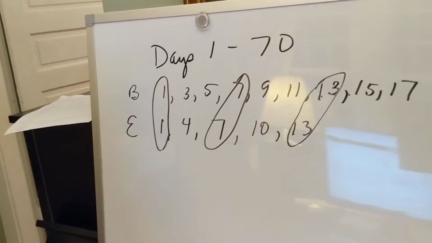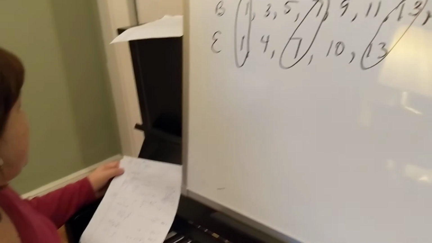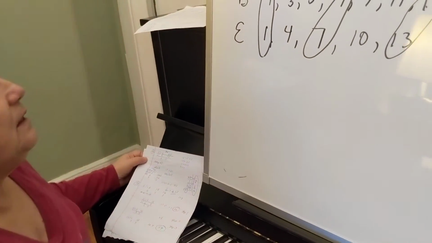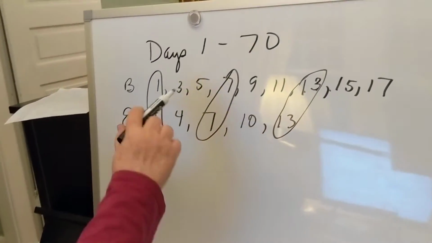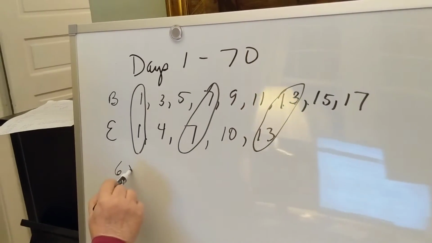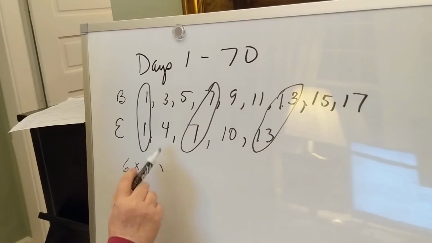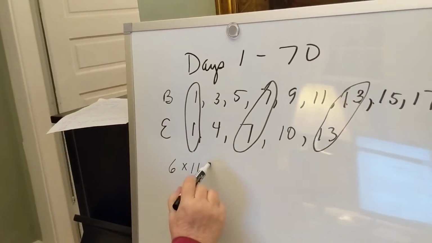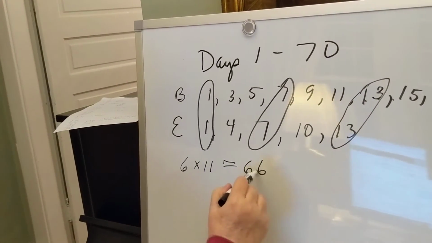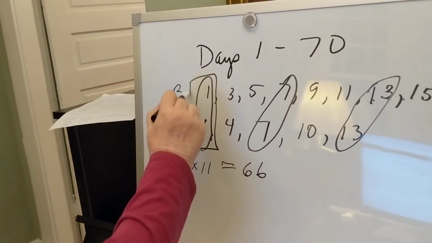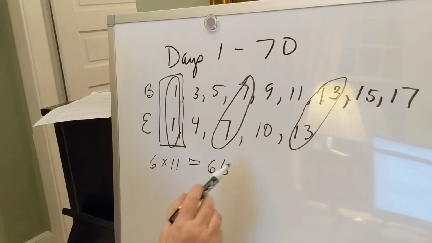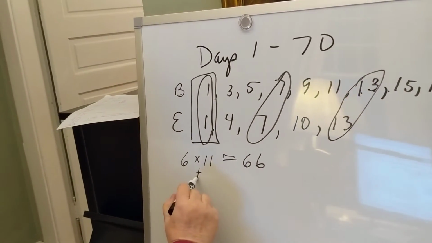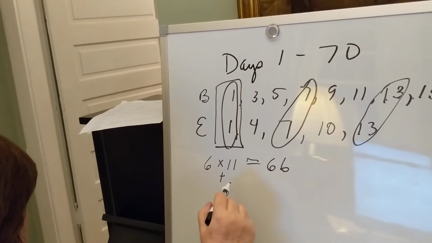Now, all we have to do is figure out how many times this is going to happen. Well, 6 times 11 would give us 66, so that'll be 11 times in 66 days, plus this first one when they started. So plus one more day here.